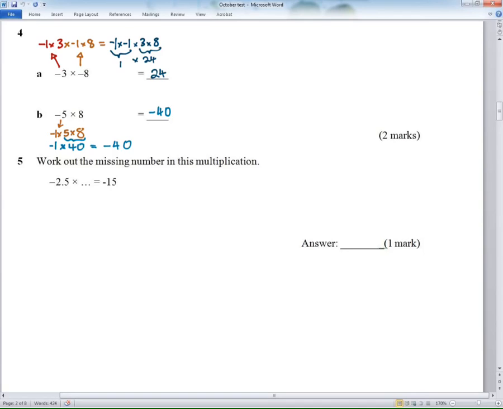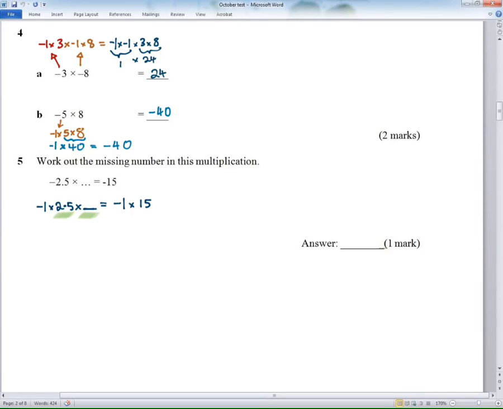Looking at question 5, we're going to use exactly the same logic to answer this question. We can rewrite minus 2.5 as minus 1 times 2.5. We're going to times that by something, and that's equal to minus 1 times 15. So what we're really asking, we don't have to remember anymore that a minus times a positive makes a negative.